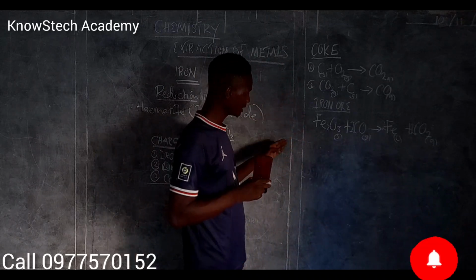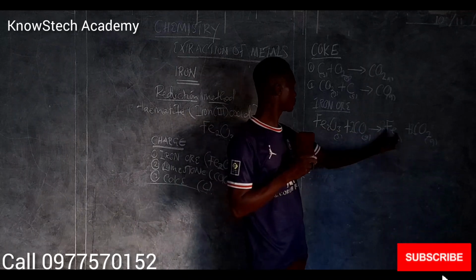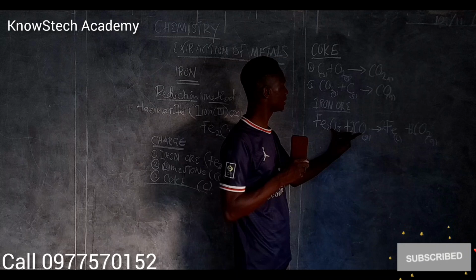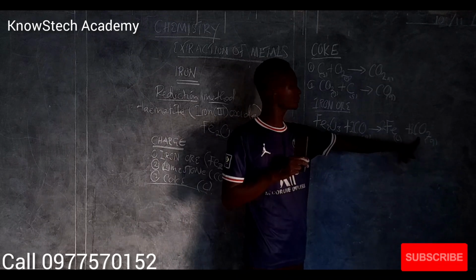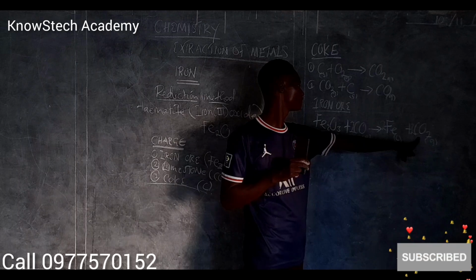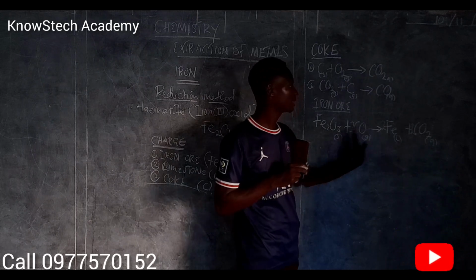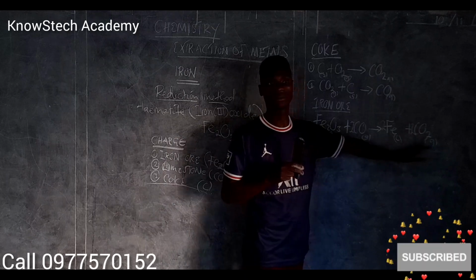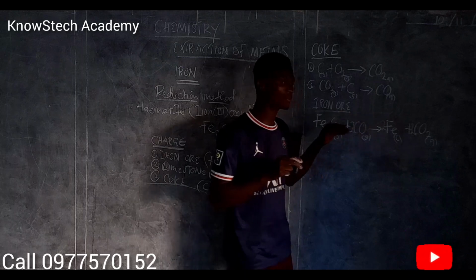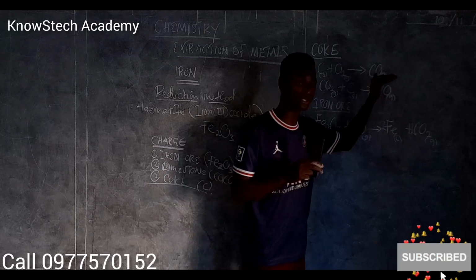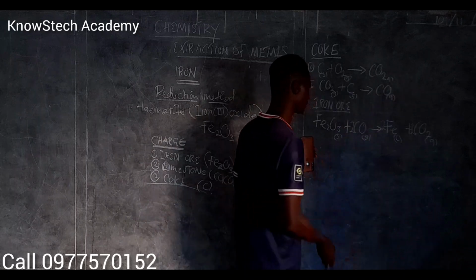Then we check. Iron here 2, iron 2. Oxygen 5 here, and here you have 4. What can you do? We put a 3 here, so you can change both 5 and 4 to 6, the closest even number. Very good.